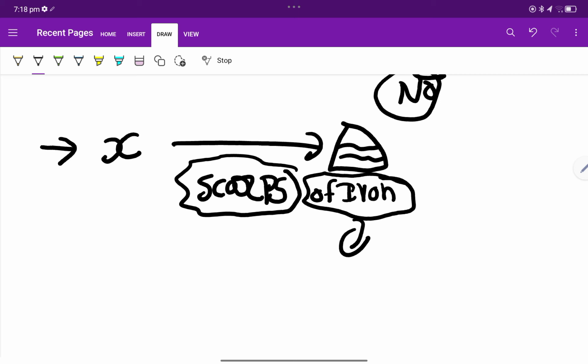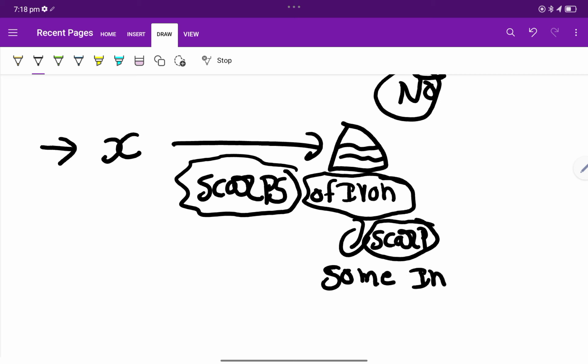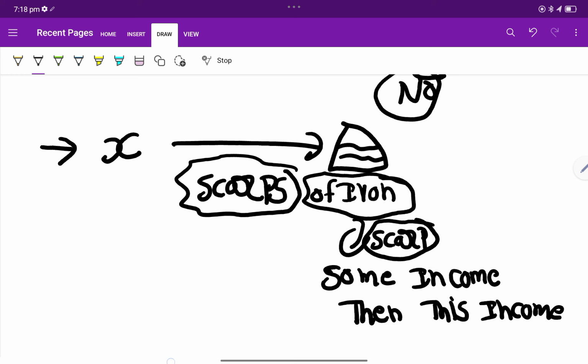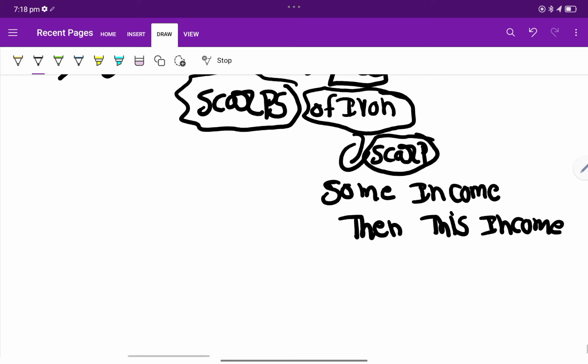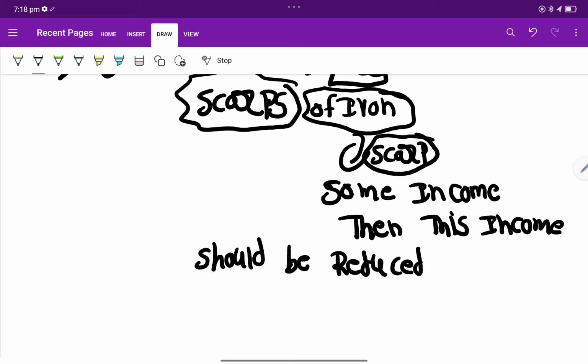If he sold this scrap, he will get some income. Then this income should be reduced from the direct cost.